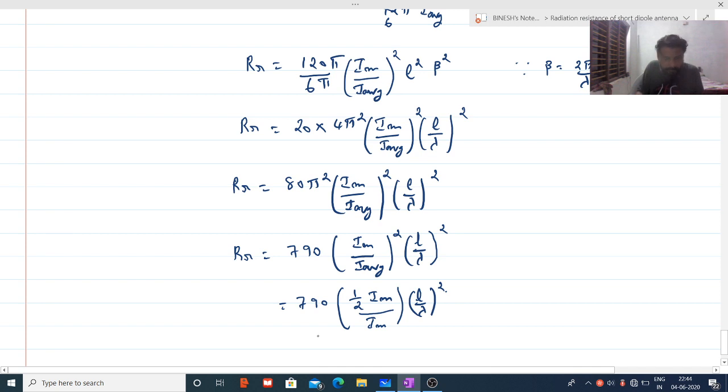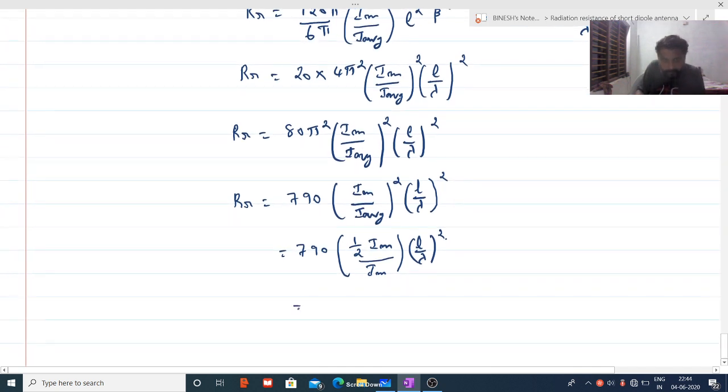So that changes to your normal case. It will be 790, this square is not Im square. Im and Im get cancelled, so it will be 790 by 4 L by lambda the whole square.